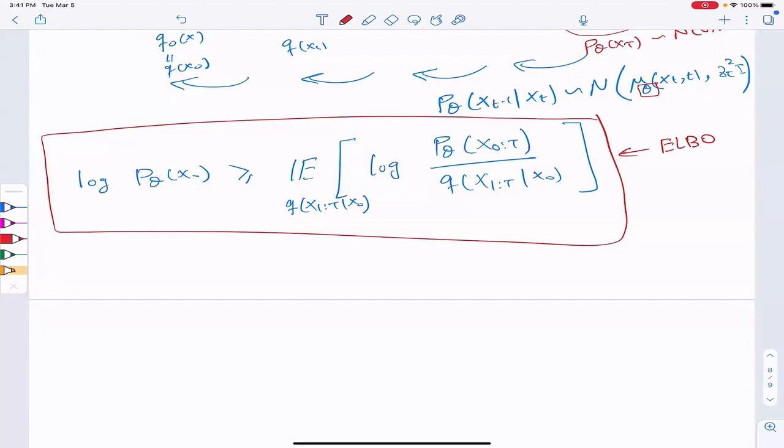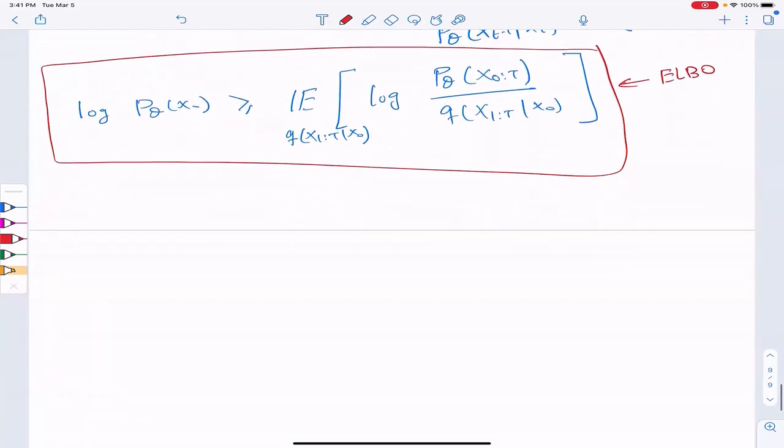Right, so the optimization objective then is simply to maximize this lower bound. And since we want to have it in the form of a loss function, we are going to add a negative sign and minimize the negative of this lower bound.